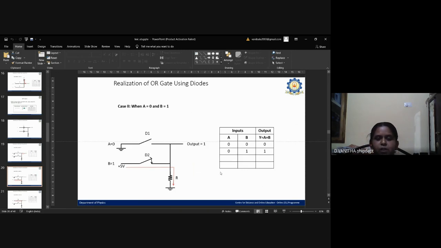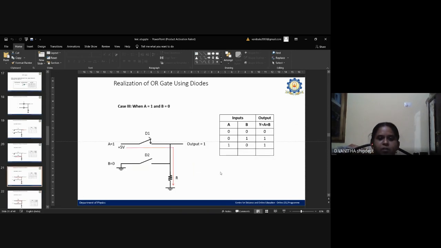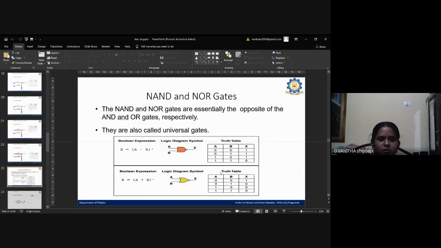If both the inputs are 1, both the diodes conduct and the current passes through the resistor, and this causes an output voltage across the terminals. So here we are getting the output as logic 1. So this is the realization of the OR gate by using diodes.